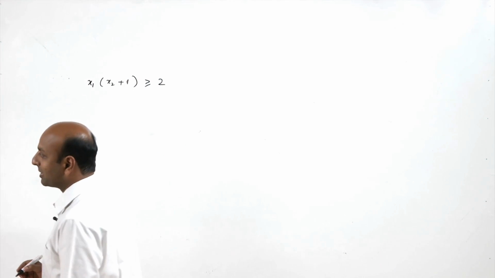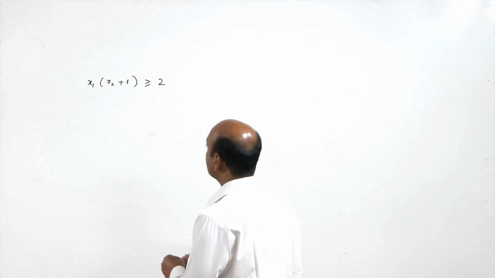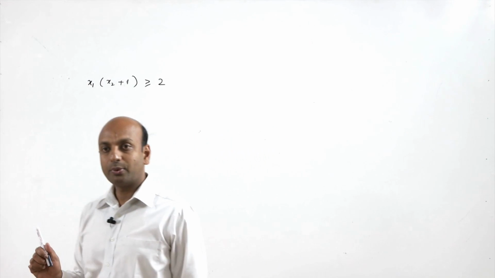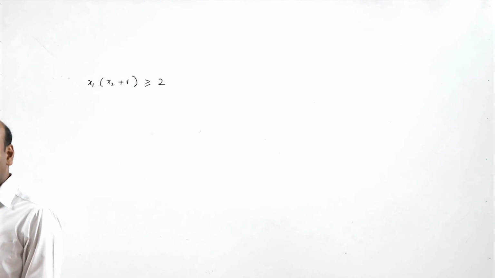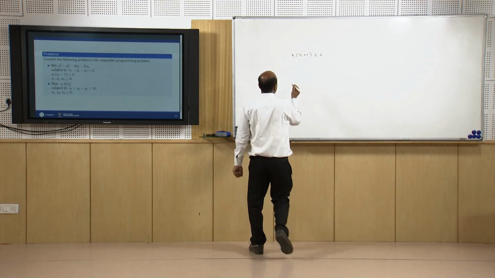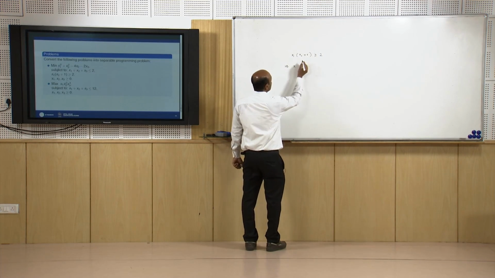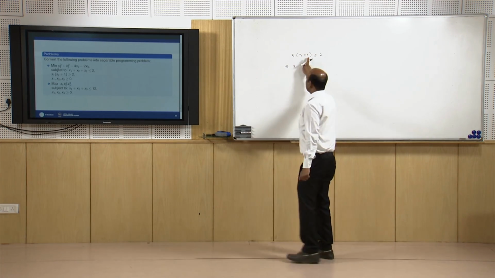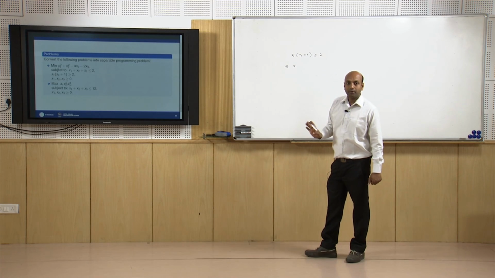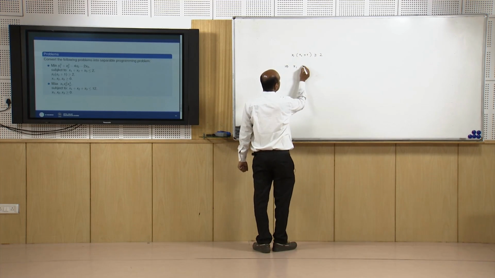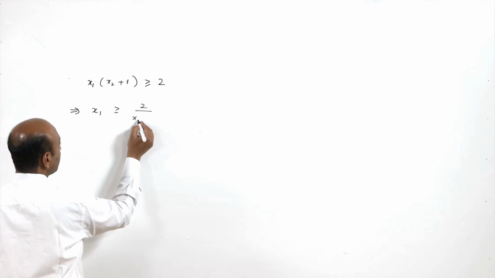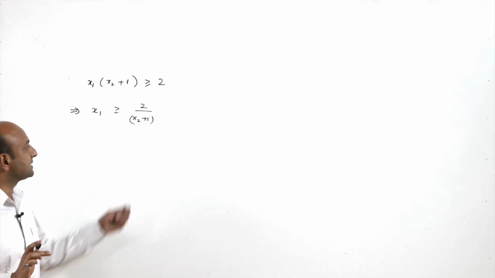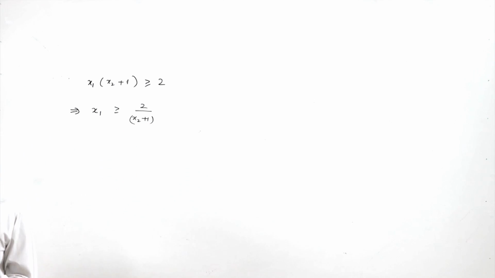it is not separable, because it involves the product of x1 and x2. Okay. Now, it can be made separable. How? Let us see. Because x2 is greater than or equal to 0, x2 plus 1 will be greater than or equal to 1. So, this will be greater than or equal to 2 upon x2 plus 1. This quantity can never be 0, because it is greater than or equal to 1, as x2 is greater than or equal to 0.